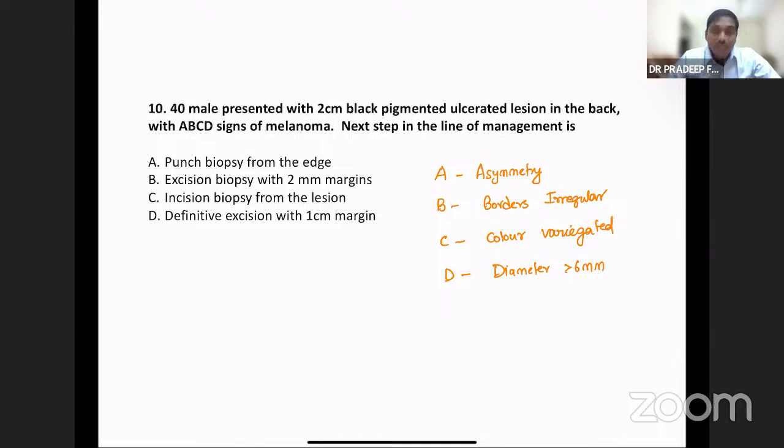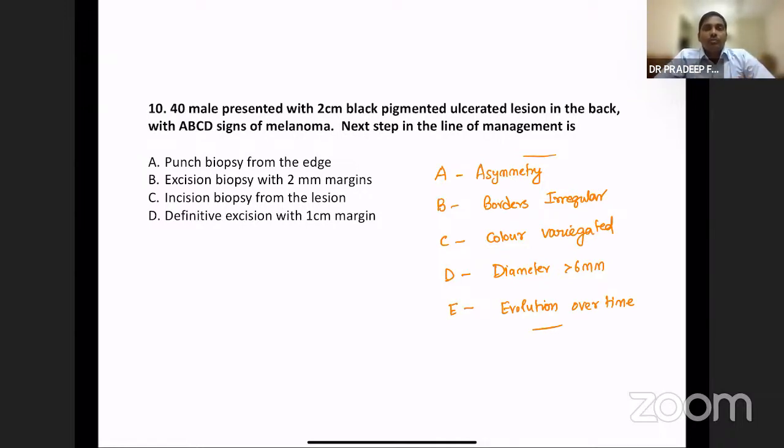Any mole or any black lesion more than 6 mm, you have to very well think in terms of melanoma. And E is evolution over time. Initially, it might be 4 mm, later it has become 8 mm. Initially, the color is brown, now it has darkly pigmented. Evolution over time. When these are suspected, the lesion is more likely to be a melanoma.